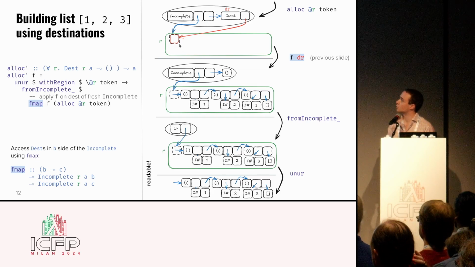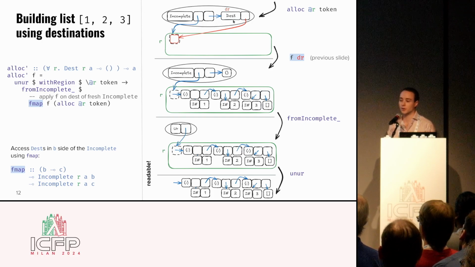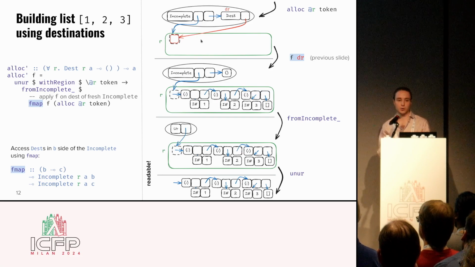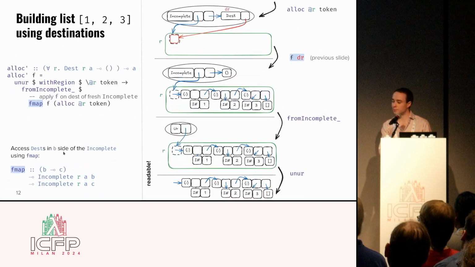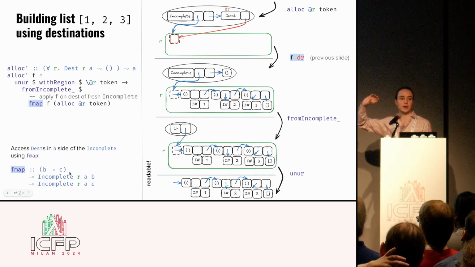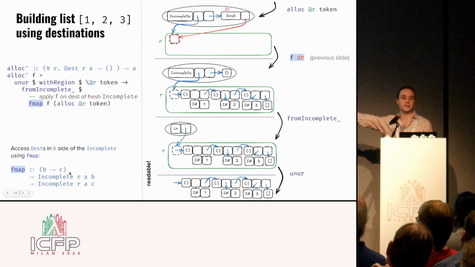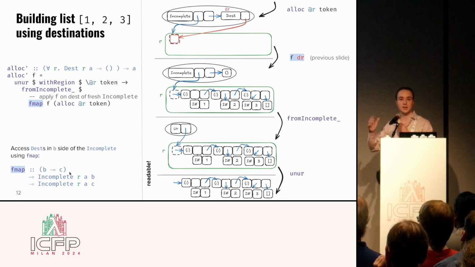So there is just one fresh hole inside the region and a destination dr pointing to it. Incomplete wrappers are equipped with an fmap instance. The fmap instance of Incomplete lets the user access the destination on the B side, because the destination on the B side is the only thing the user can handle.